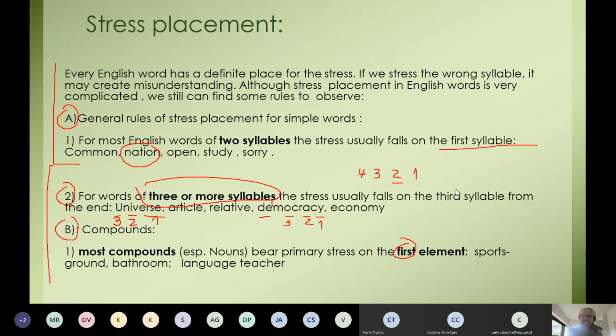Three words, for example, are stressed on the 1st syllable. One of them is stressed on the 2nd syllable. So you need to identify which one is the odd one, instead of asking you to repeat a definition that you have learned by heart. I would go for application instead of repeating a definition by heart.